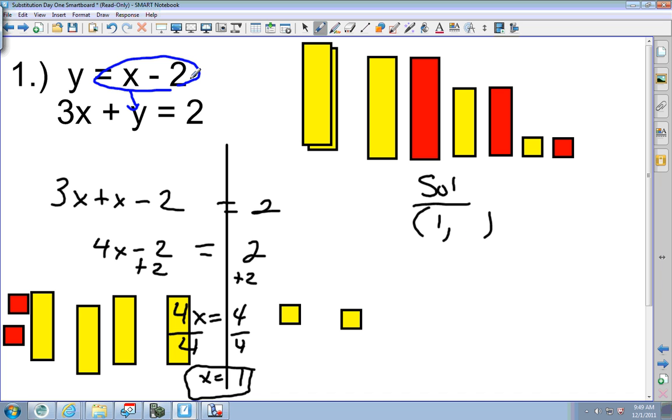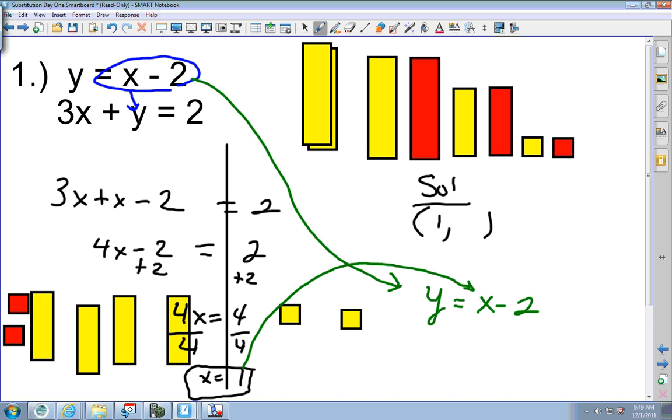You're going to choose this equation and bring it down. I'm going to put the 1 in here for the x. I have y equals 1 minus 2. Y equals negative 1. My solution, the two lines intersect at 1, negative 1.